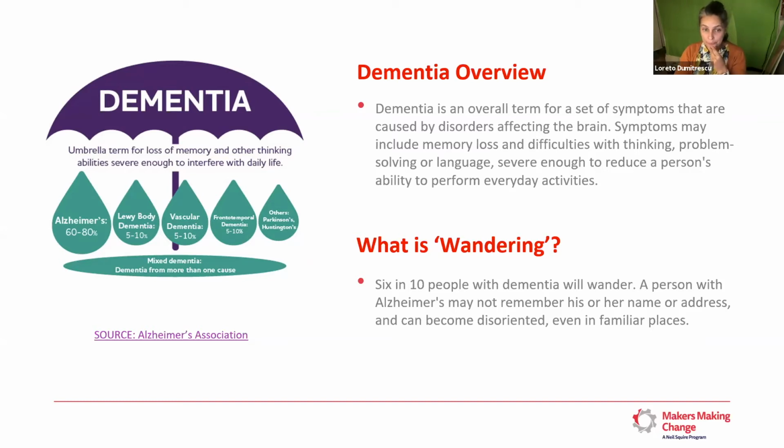One of the symptoms, especially earlier on, is wandering, when a person with early stage dementia starts to wander out of their environment and may not be oriented to time or where they are. It becomes really difficult for caregivers because the person might not realize that they're lost and they don't know exactly where they are. So it causes a lot of stress for both the person with dementia and for the caregiver. Great, thanks.